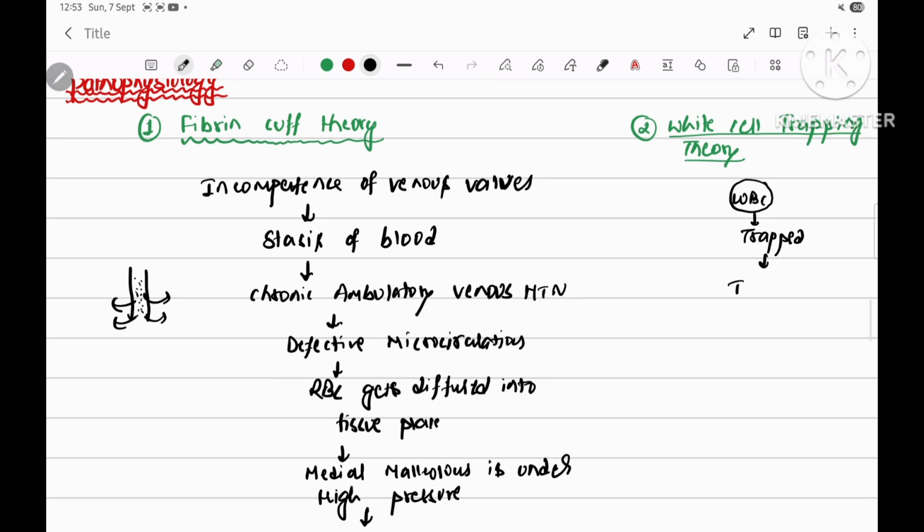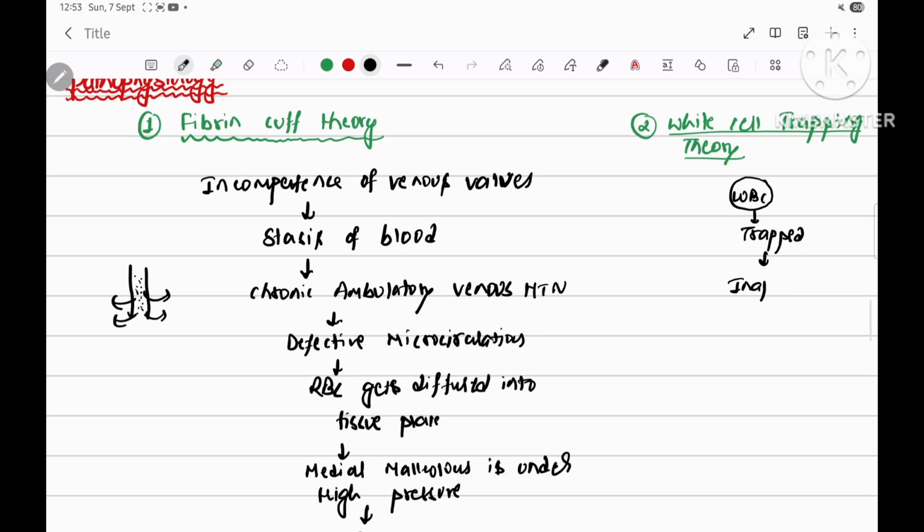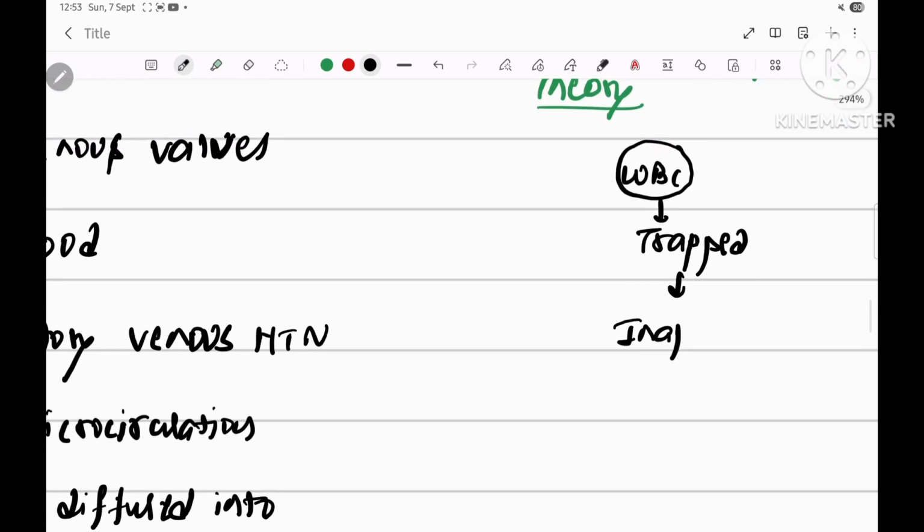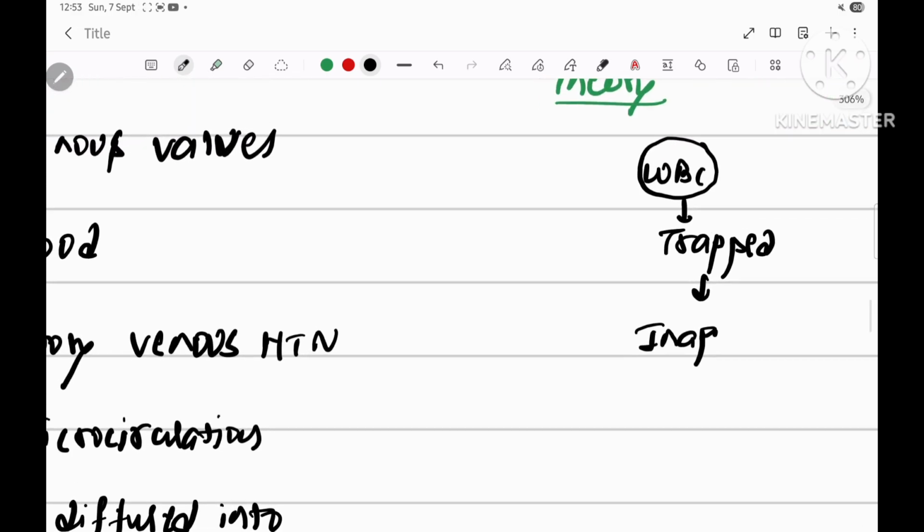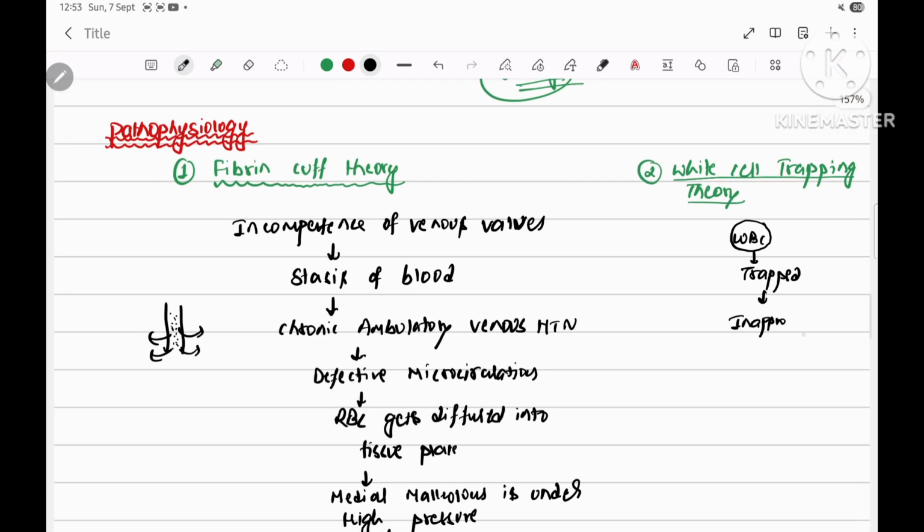So there is inappropriate activation of proteolytic enzymes.